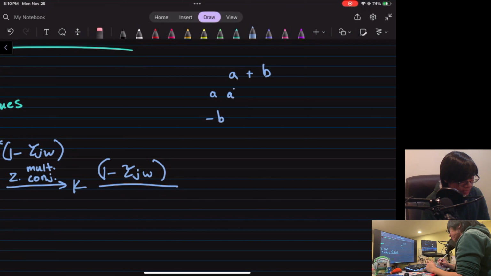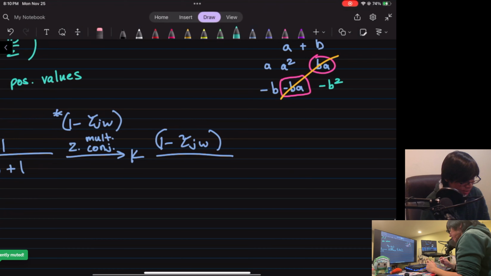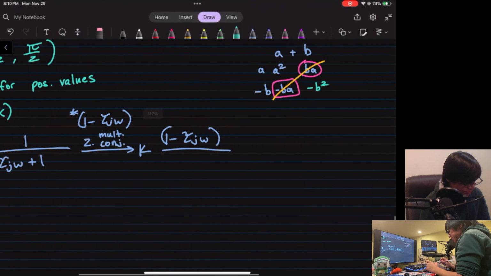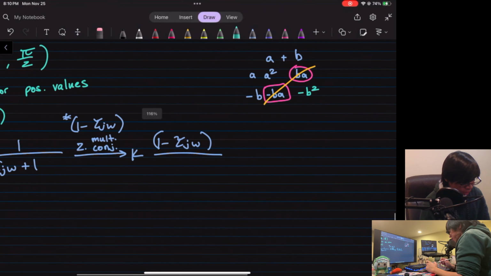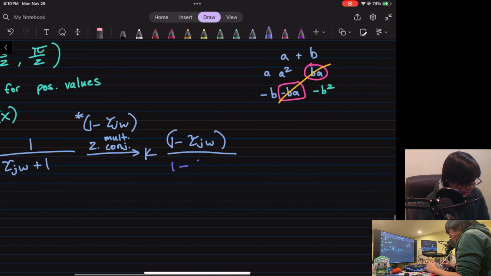So the two a terms and b terms get multiplied, but you'll notice the other terms on the diagonal, what I circled in pink, get canceled out. So we're left with a squared and negative b squared. In our case, a is 1, right? Yep. We have 1, and then we have tau j omega squared.